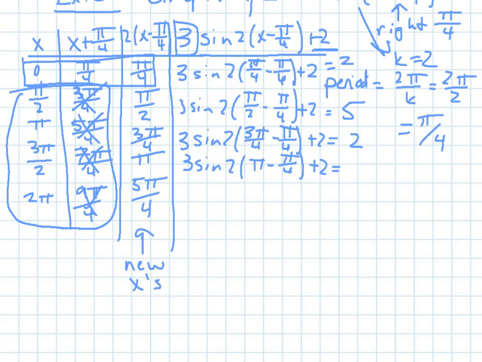Plus 2 is negative 1. Then the last one, plugging in 5 pi over 4. So 5 pi over 4 minus pi over 4 is pi. 2 times pi is 2 pi. Sine of 2 pi is 0. 0 times 3 is 0, plus 2 is 2.